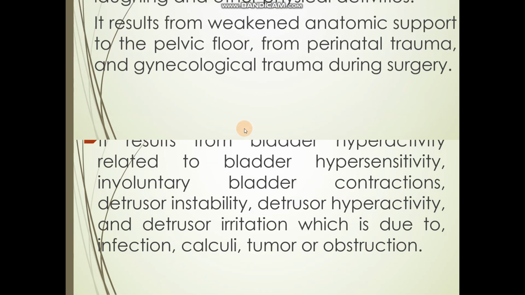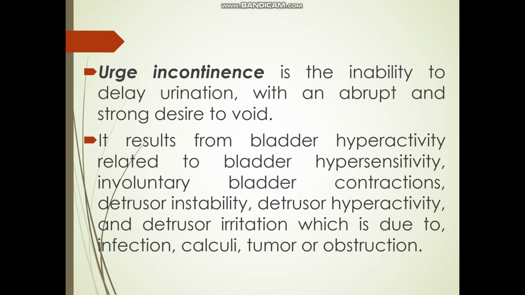Coming to the next one, urge incontinence. Urge incontinence is the inability to delay urination with an abrupt and strong desire to void. The person has an abrupt desire to void, cannot hold the urine, so urinates then and there. It results from bladder hyperactivity related to bladder hypersensitivity, sometimes due to involuntary bladder contractions.